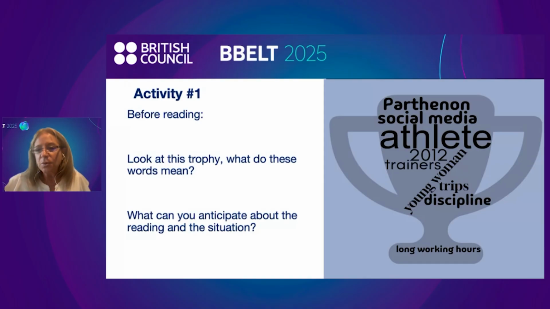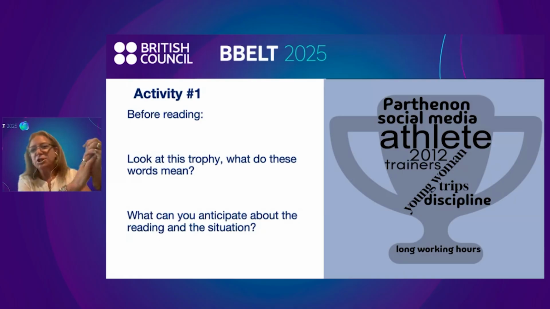So they have to be on the road many months of the year. Now, if you take a look at the word trainers, what do you think that means? What type of sport is connected to this athlete? We're going to find out when we read. And last but not least, what is the connection of the athlete and the word Parthenon? And social media?